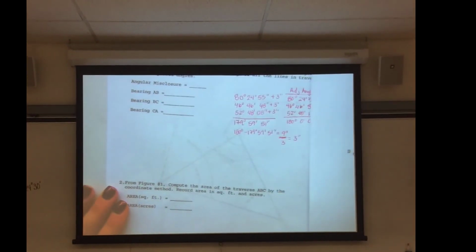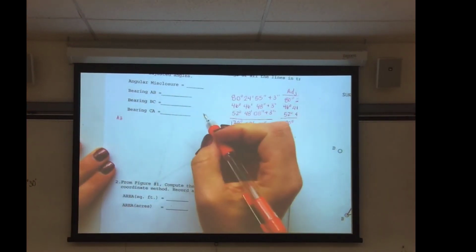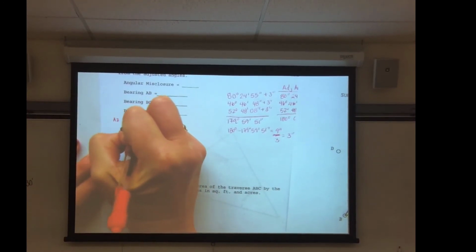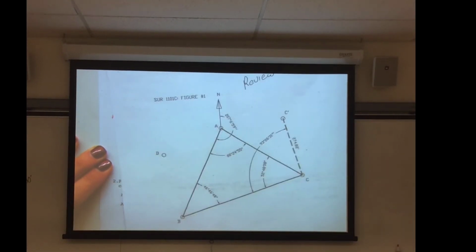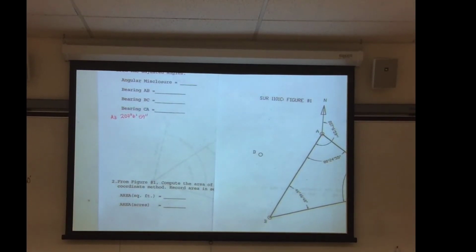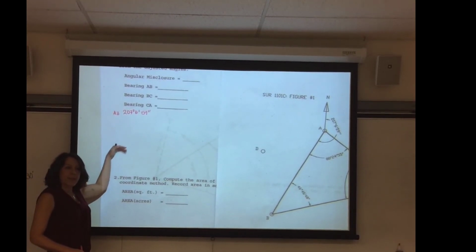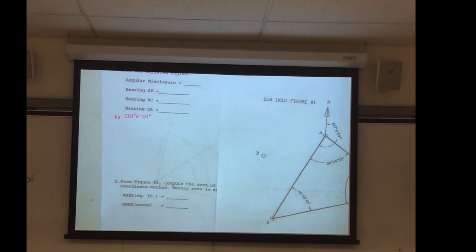So I'm going to start with my azimuth of 207, 6 minutes, 59 seconds. Okay? Now, remember the process. Azimuth, back azimuth, add an angle. Azimuth, back azimuth, add an angle. So I can get the azimuth of each line.